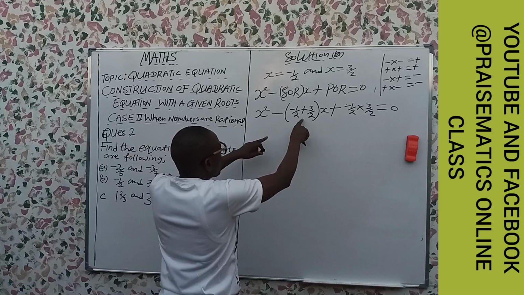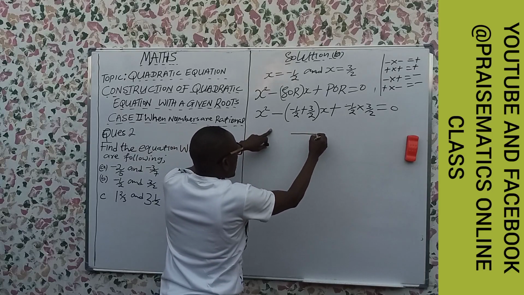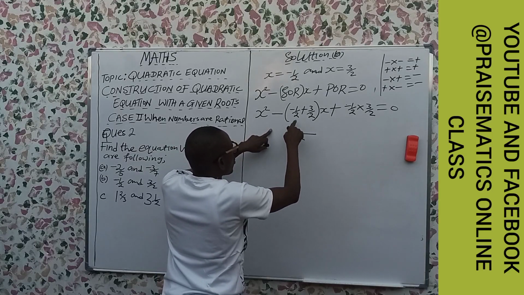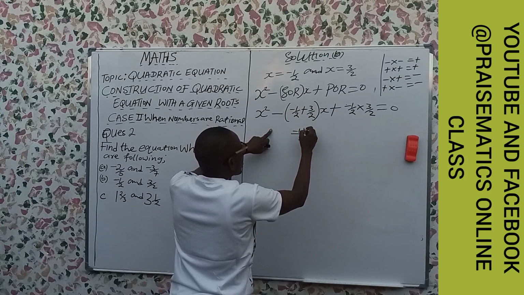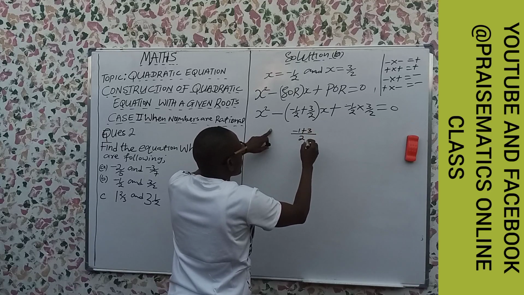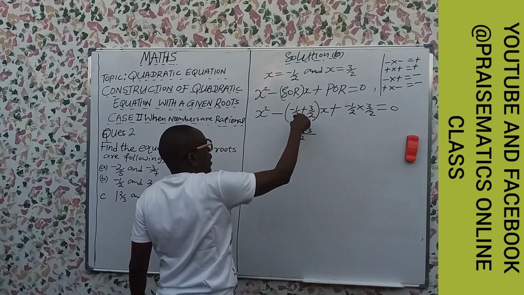Now we need to find the LCM. The LCM is 2. 2 goes into 2, 1, 1 times minus 1. 2 goes into 2, 1, 1 times plus 3.